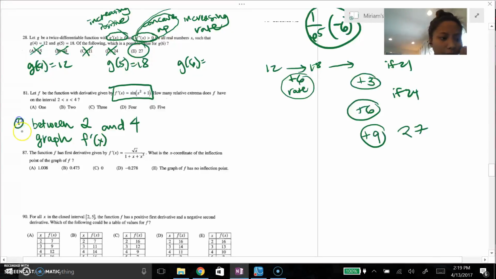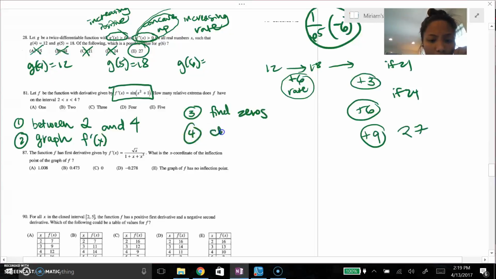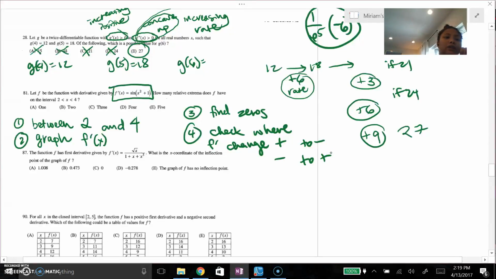So that's my first, second, and then third step, I'm going to find the zeros. And lastly, I'm going to check where f prime changes from positive to negative or from negative to positive. I'm going to count them. So if there's 1, 2, 3, 4, 5, that's what tells you how many relative extrema you have. You can do that.